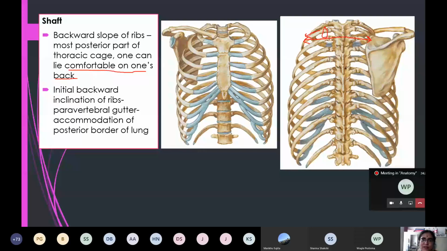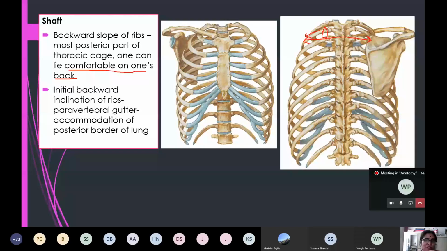In the case of animals, the direction of the rib from the tubercle is directed downward and forward. There is no direction backward and laterally, so it is quite difficult for them to lie on their back. They will roll on their side.